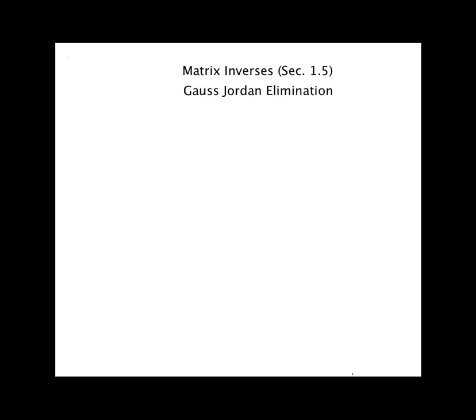Okay, now I'm going to explain an algorithm for computing matrix inverses called Gauss-Jordan Elimination. I'm going to illustrate this with a very simple example. Before we computed the inverse of this 2 by 2 matrix 1, 2, 1, 3. And how do we compute the inverse of this matrix?